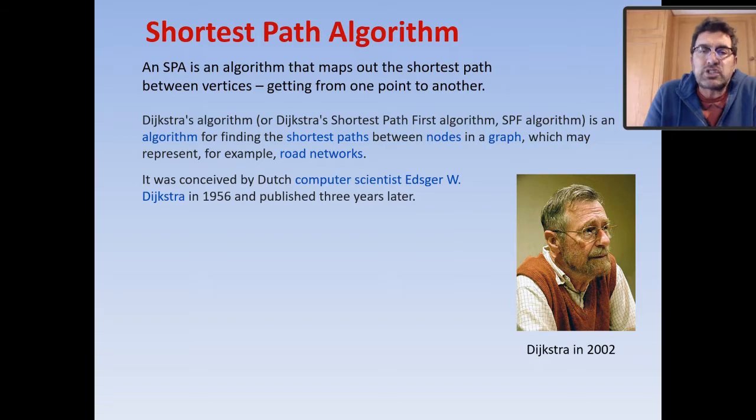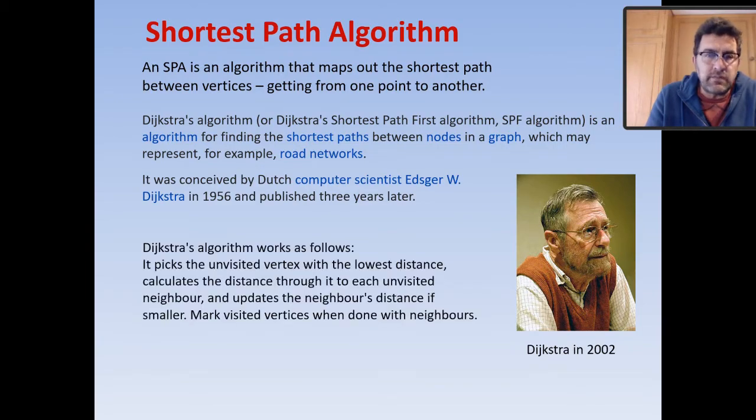Dijkstra was a Dutch computer scientist, Edgar W. Dijkstra. He formulated this algorithm in 1956. And that's a photograph of Dijkstra in the year 2002, again making the point, folks, that we are working with such fresh mathematics, it's unbelievable.